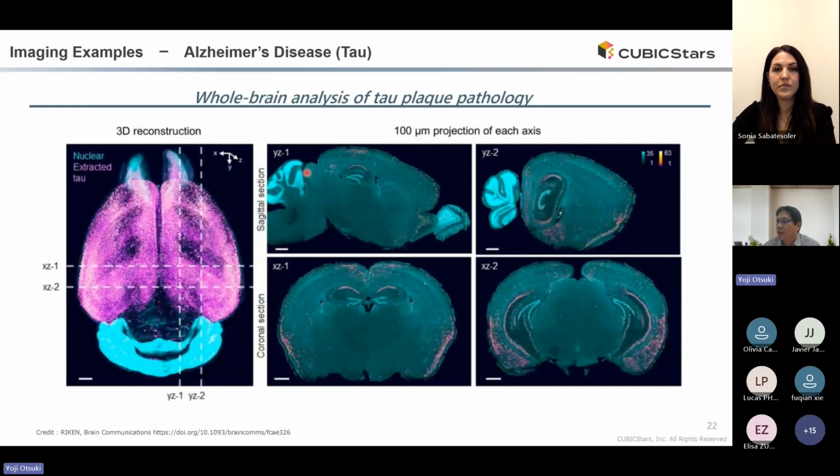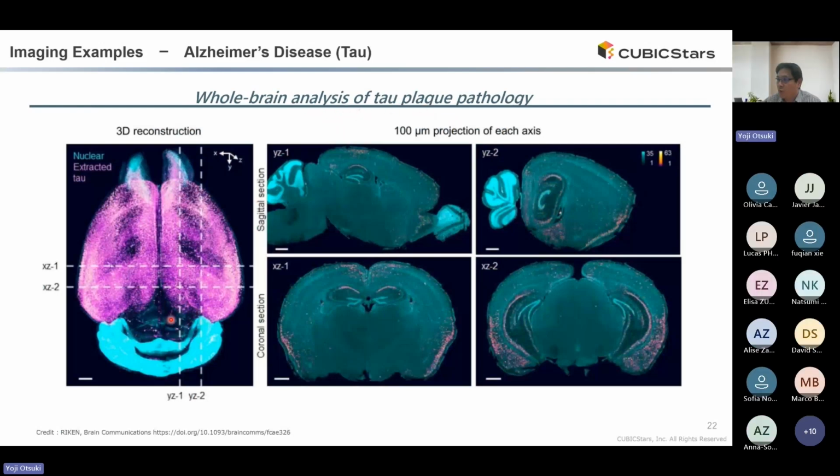And here is another case of whole brain imaging and the analysis of the tau plaque pathology. So this work was recently published in Brain Communications. So if you're interested in details, please check out these papers. But briefly, I would like to introduce the content.